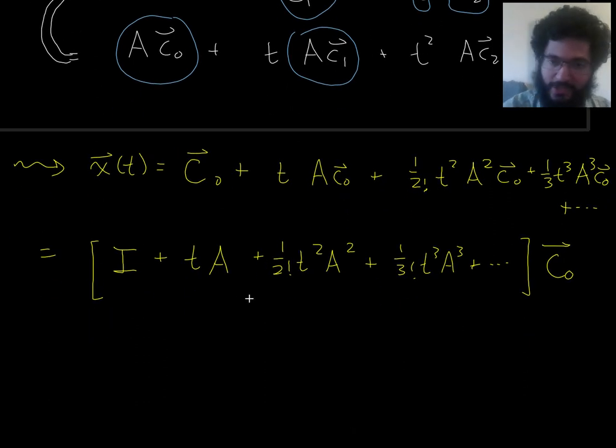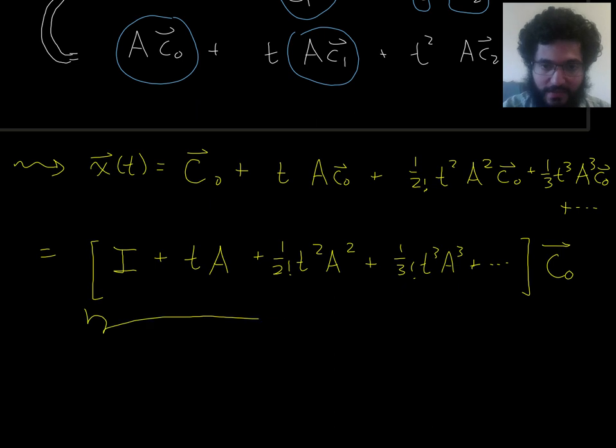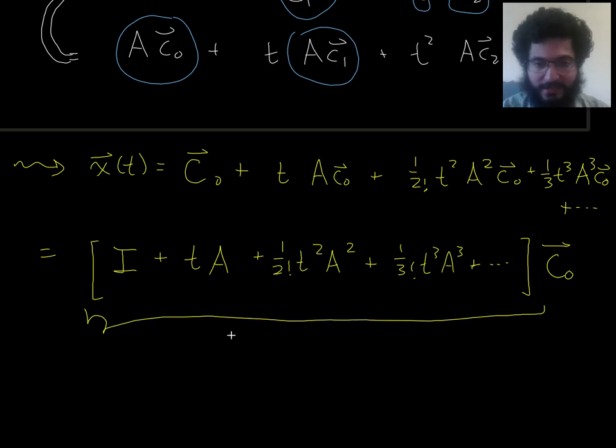And then, just like last time, we take this as our definition of the exponential of a matrix, at least when you plug in t equals 1, just to make things easier.